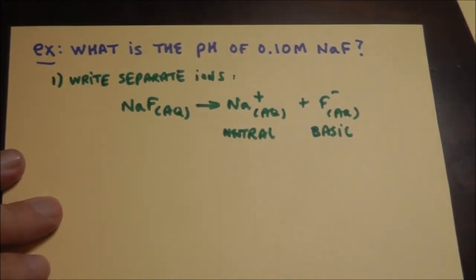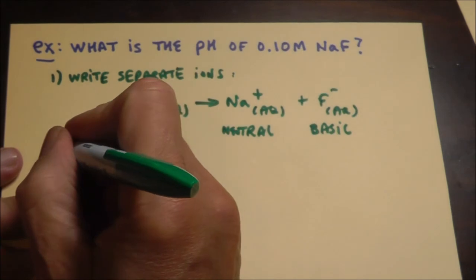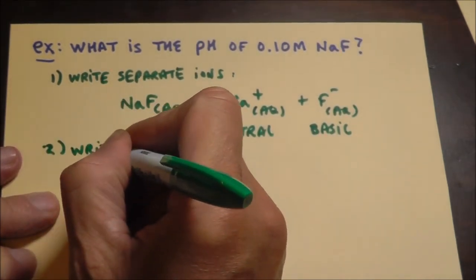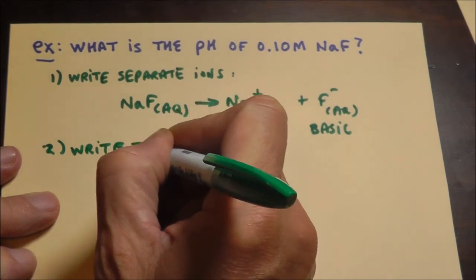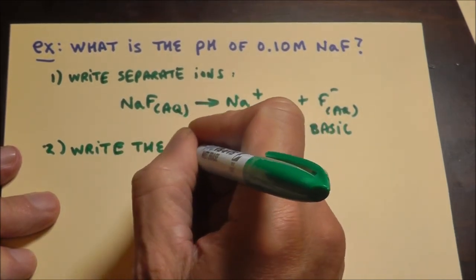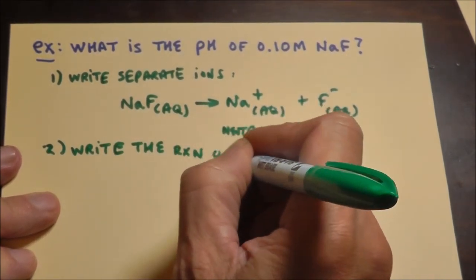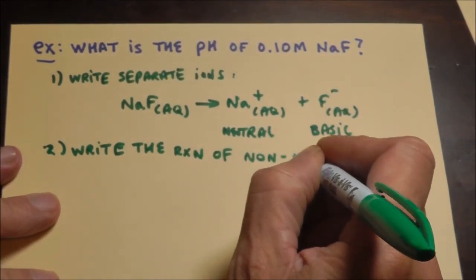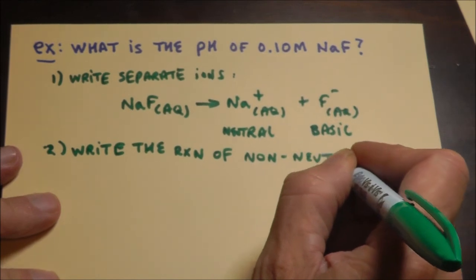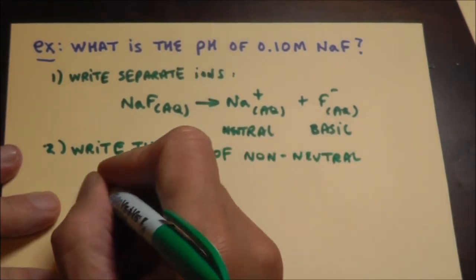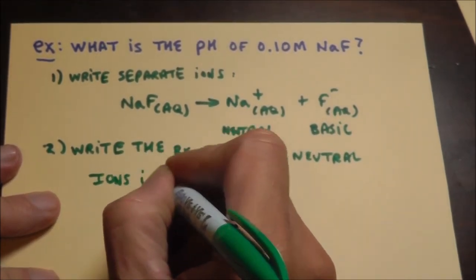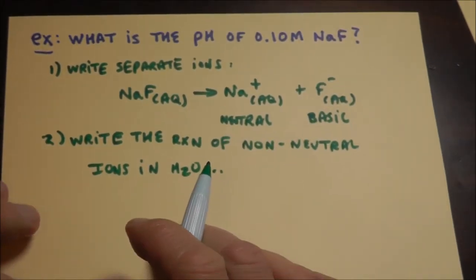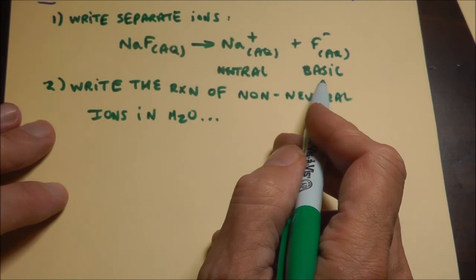Okay, the next step is 2. I'm going to write the reaction of non-neutral, so if it's acidic or basic ions, in water. So here we go. That's basic. Why?